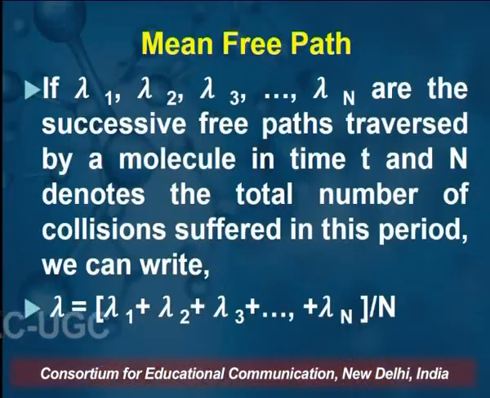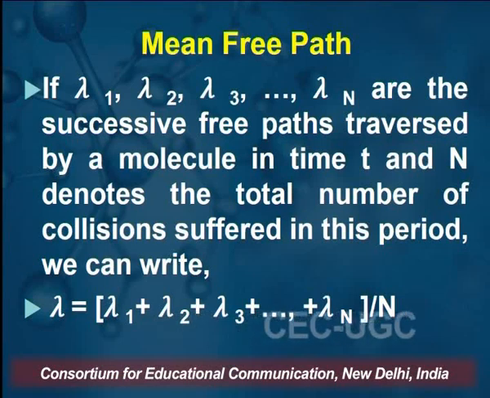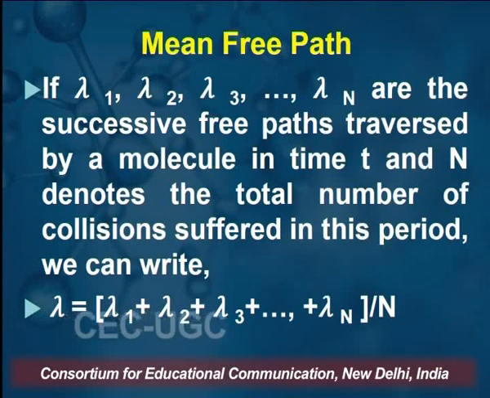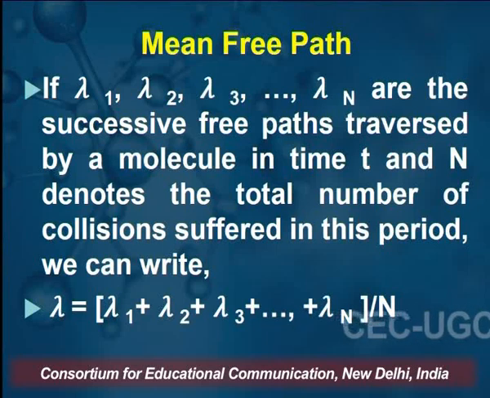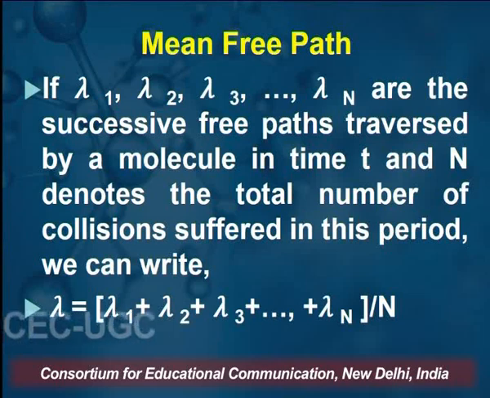If lambda 1, lambda 2, lambda 3 and so on up to lambda n are the successive free paths traversed by a molecule in time t, and n denotes the total number of collisions suffered in this period, then we can write lambda as lambda 1 plus lambda 2 plus lambda 3 plus and so on plus lambda n, divided by n.